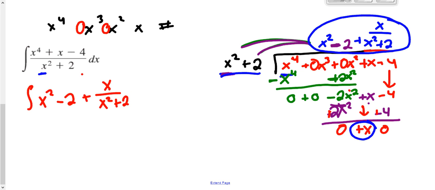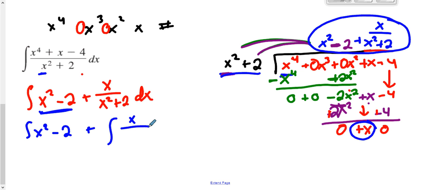And so when we do this, the first two things are power rules. So I'm going to break those up and leave them in the front for a second. X squared minus 2. And then we have the integral of x over x squared plus 2 dx. And so this last one follows our pattern. We have x squared on the bottom, so if we make that our u, x squared plus 2.